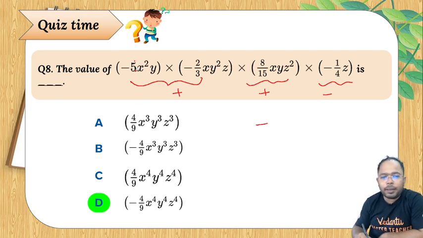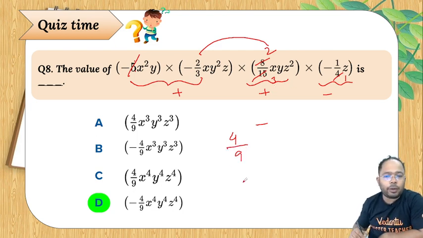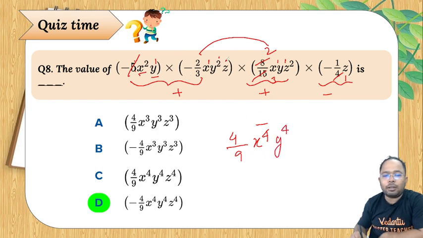Next, what you can think of is the multiplication of the constants. Now here you see 5, here you see 15, so cancel from here, 3 is left. Again 4 1 is 4, 2 is 2, cancel here too, so what is left: 2 into 2 is 4, 3 into 3, think like this in the mind, 3 into 3 is 9. Now what remains is x to the power 2, here it is 1, here it is 1, so ultimately x to the power 4. The power of y is 1, this has 2, this is having 1, so 1 plus 2 is 3 plus 1 is 4, and z to the power 1, z to the power 2 and z to the power 1, so it gives again a 4.